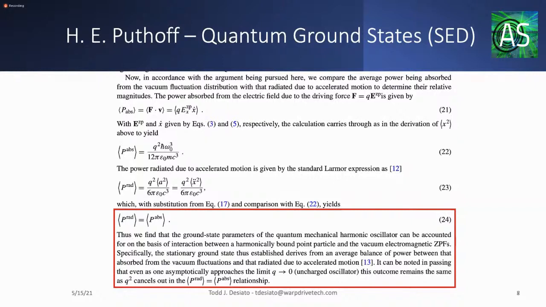Absorbing energy from the 0-point field is only possible to sustain the ground state. It isn't going to excite it to higher and higher excited energy states. It only is enough to support the ground state. It does not work to extract tons of energy from the vacuum.